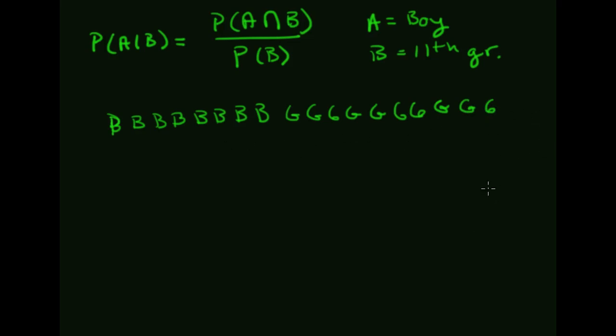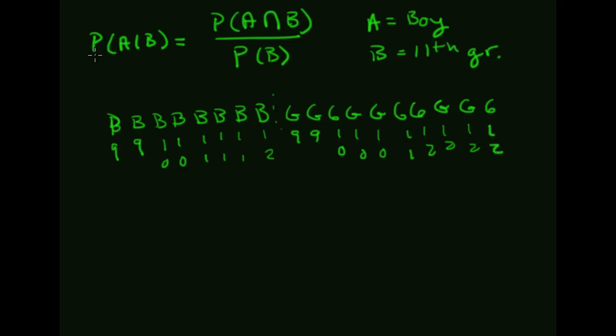So I have a total population of 18. 8 of them are boys, 10 of them are girls. I have 2 ninth graders, 3 10th graders, 1 11th grader, and a whole bunch of seniors in the population here. So this is my population.